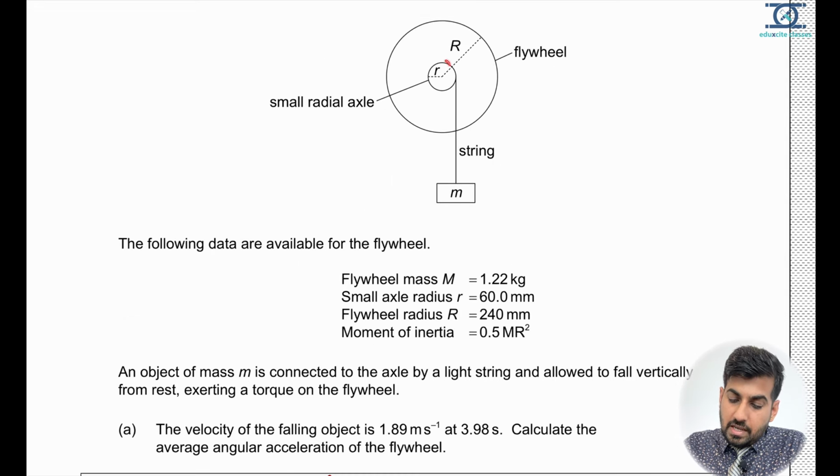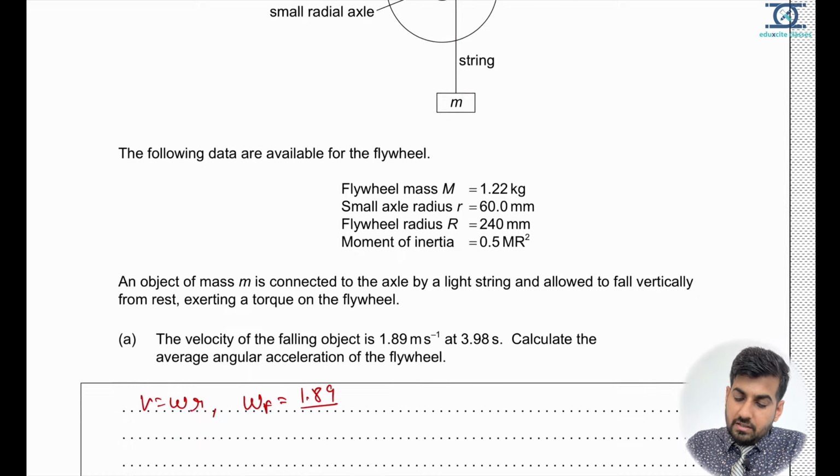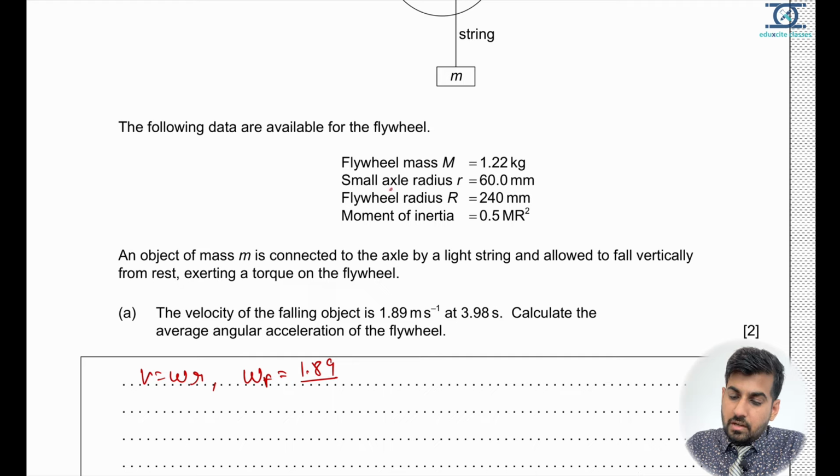This small axle is rotating, because this mass has been connected with this small axle. So we'll take the radius of the smaller one, which is 0.06 in meters, and this will be 0.24 in meters.